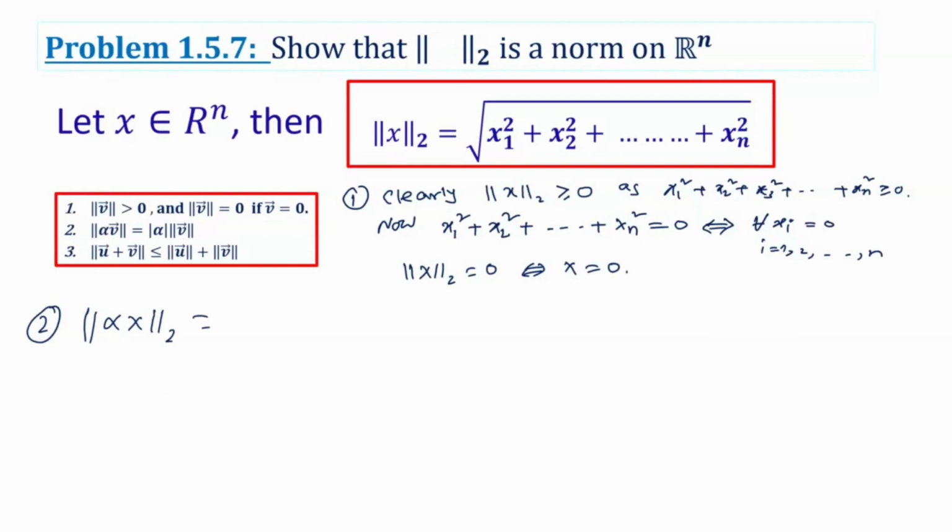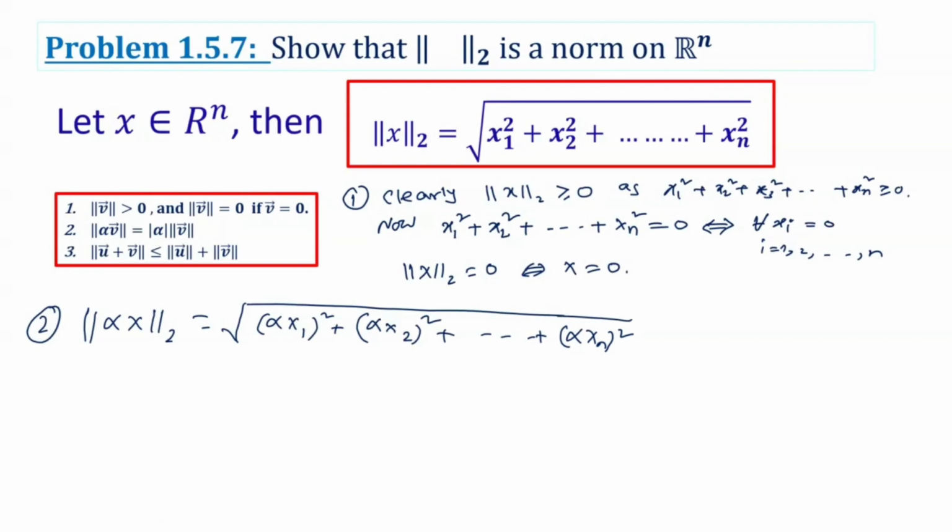Since x belongs to Rn, with x1, x2, xn as the components, this will be defined as the square root of alpha x1 whole square plus alpha x2 whole square plus alpha xn whole square. We separate it, so from each part we can take out the alpha.